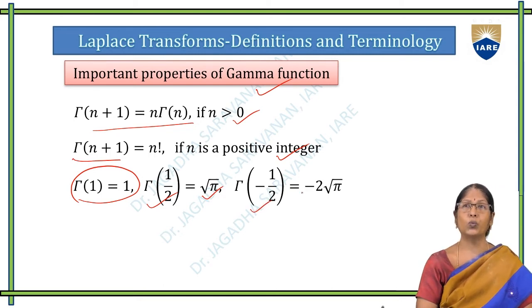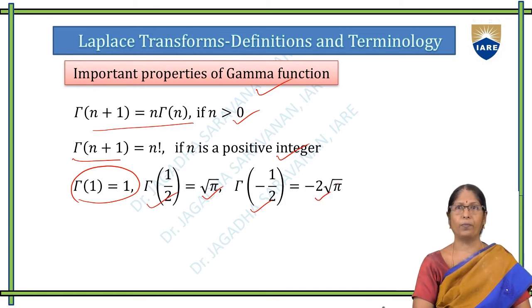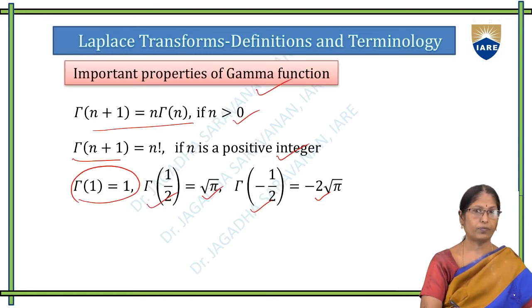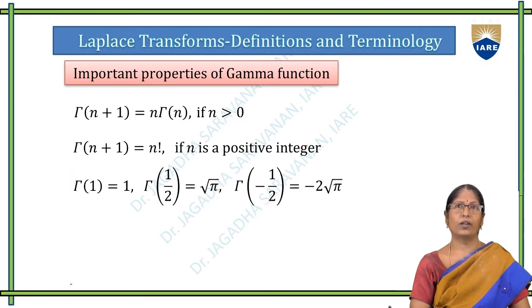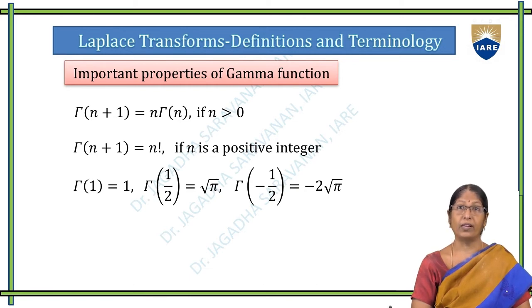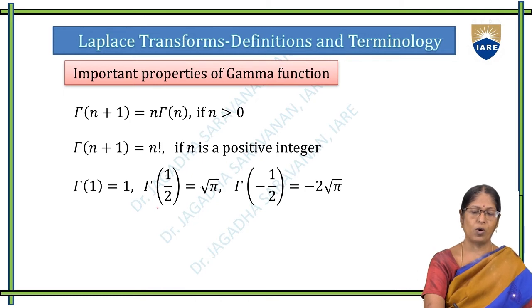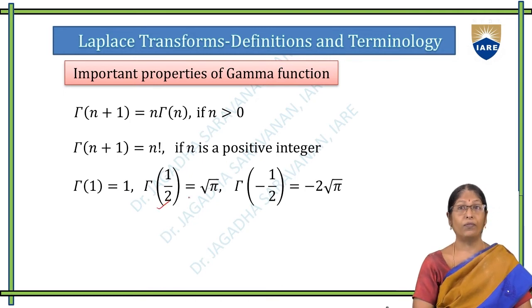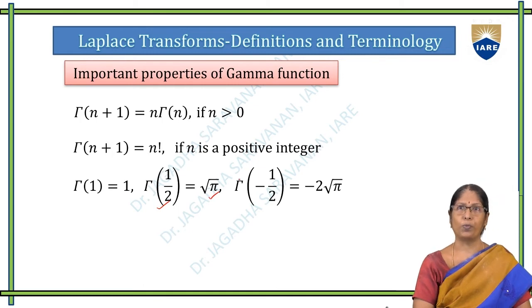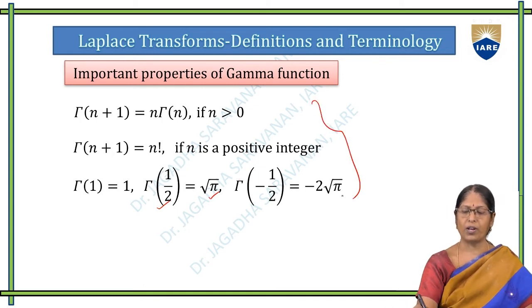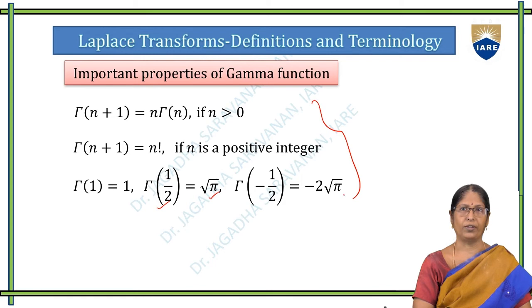Gamma of -1 by 2 is equal to -2 root pi. Because if the question is L of t power n, applying the gamma formula, suppose gamma of 1 by 2 falls, it should be replaced by root pi. So these formulas are very, very important.